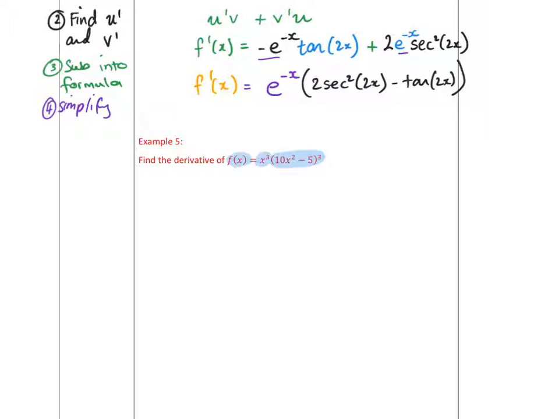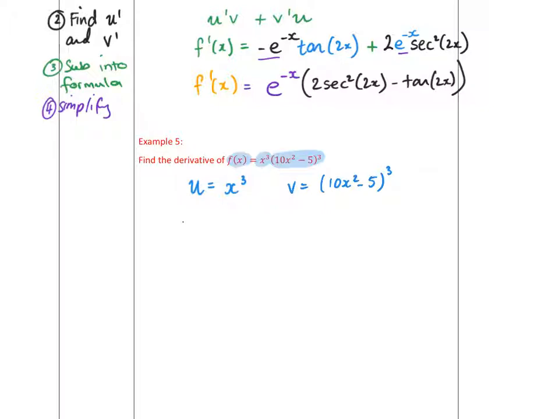So although it's a product rule question, the chain rule is kind of nesting within it. So our first function u is equal to x cubed. Our second function, v, is equal to 10x squared minus 5 cubed.